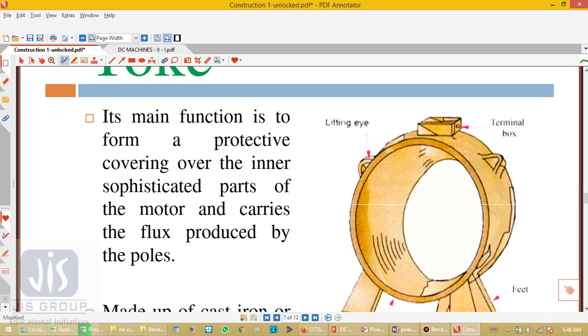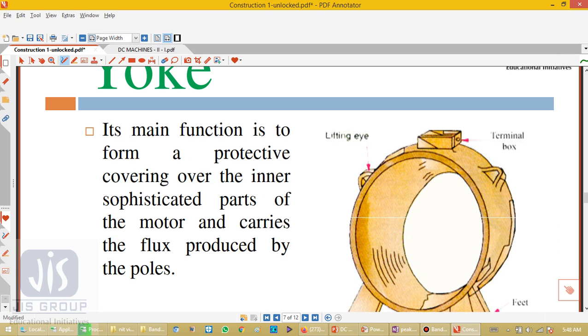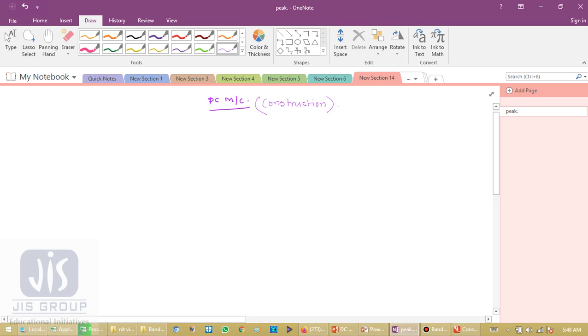The frame of a DC machine is the outer cylindrical part, which encloses all the inner parts of the machine. And the frame is usually made of cast iron.